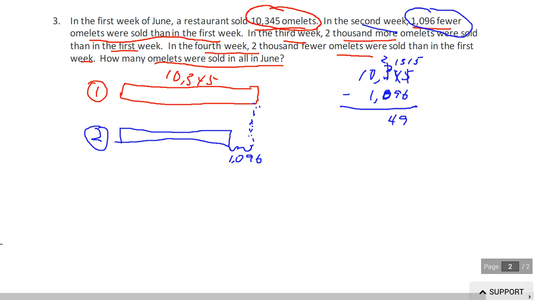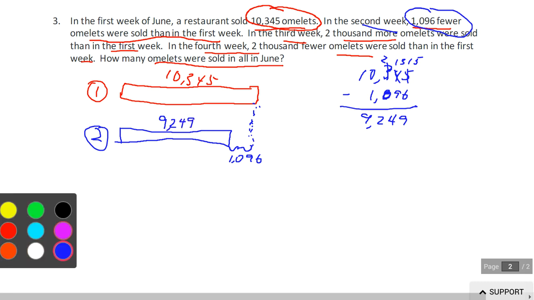So that's 4. Okay, and then 2 take away 0 is 2. Okay, then basically 10 take away 1 is 9. So week 2, we know now that they sold 9,249. That's week 2.